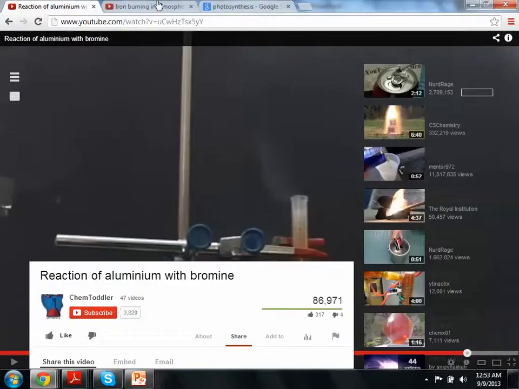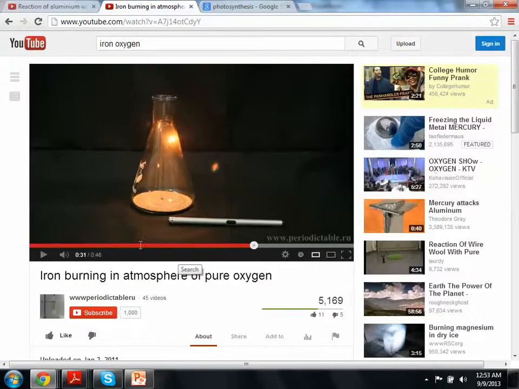And another example of iron burning in oxygen, another chemical reaction.